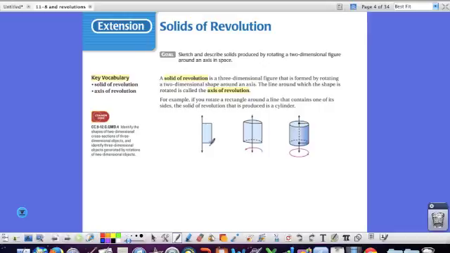For example, if you take a rectangle and rotate it around a line that contains one of its sides, you produce a cylinder. So you literally picture that rectangle coming up off the top of the paper, going back down, making a 360-degree revolution, and you have a cylinder.